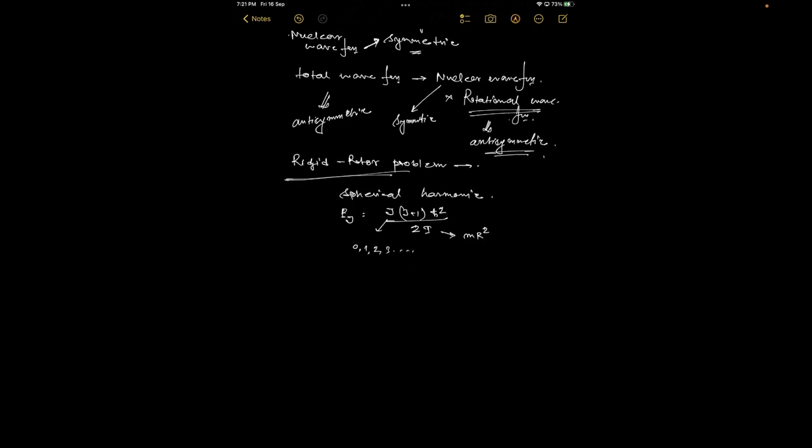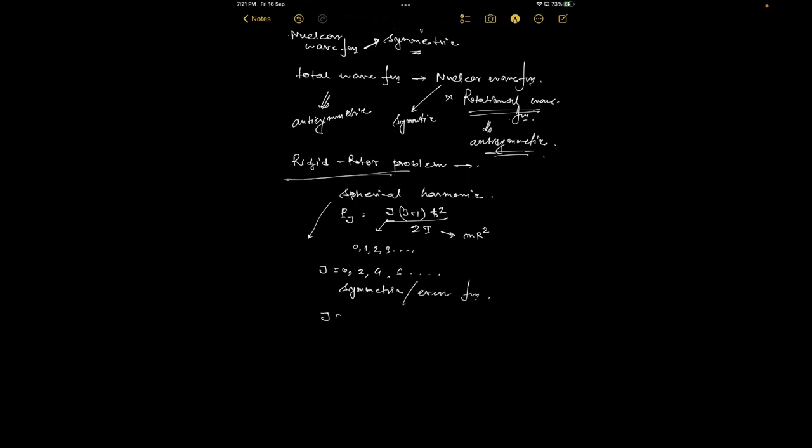Now the property of spherical harmonics is that for even quantum number, that means for J equal to 0, 2, 4, 6, etc., the rotational wave function or spherical harmonics is a symmetric or even function.